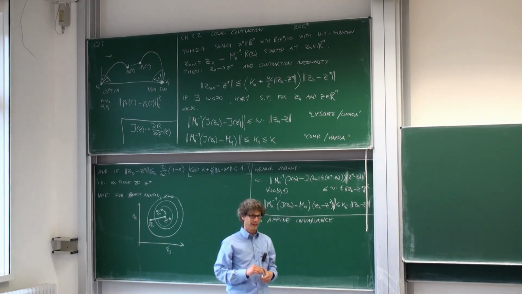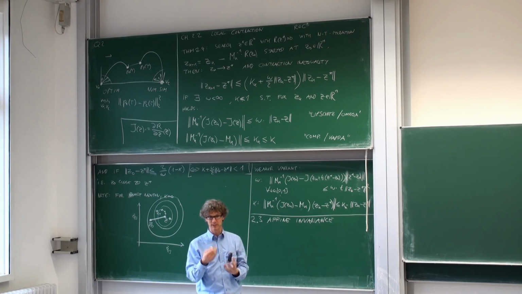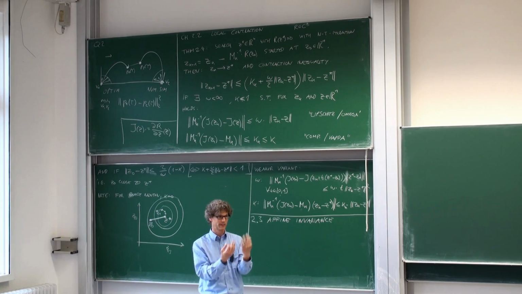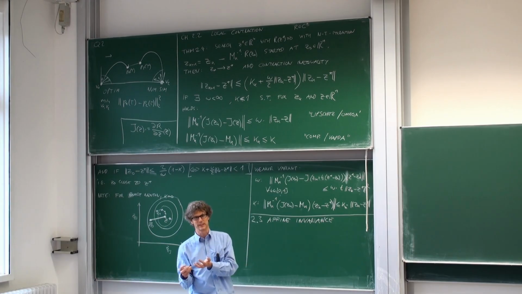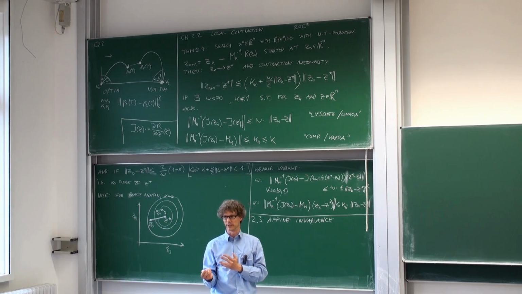Affine invariance of a method, of an algorithm, is that if you rescale your system, your variables or your equations, with some linear but invertible map, so you basically do a basis transformation of the space of variables or of your residuals, that then your method will yield equivalent iterates. That's something that is sometimes the case and sometimes not the case for methods.